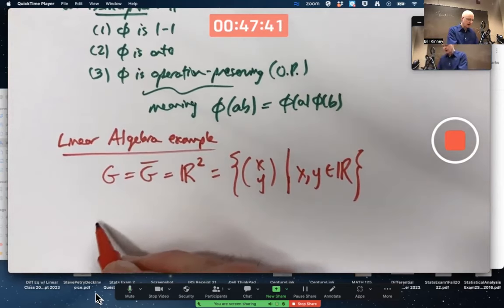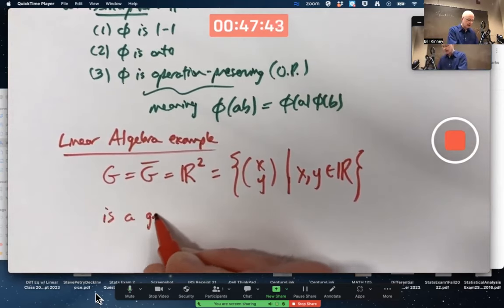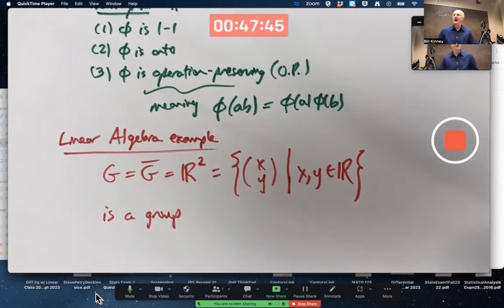This is a group under what operation? Not vector multiplication. We don't multiply vectors. I mean, you can find the dot product of vectors and maybe the cross product of three-dimensional vectors, but neither of those is a group operation. The dot product of two vectors is a number, not a vector.